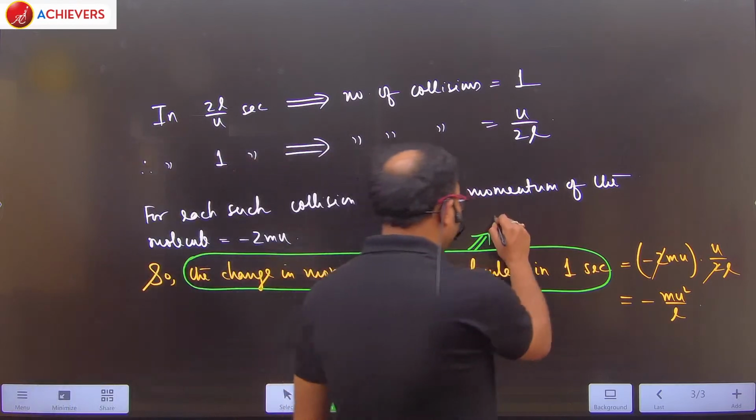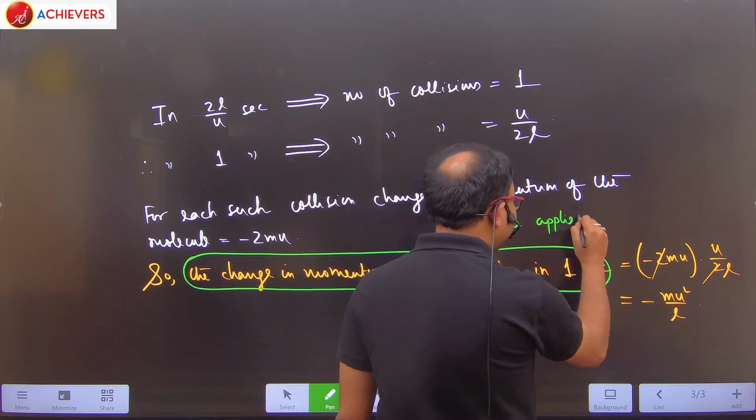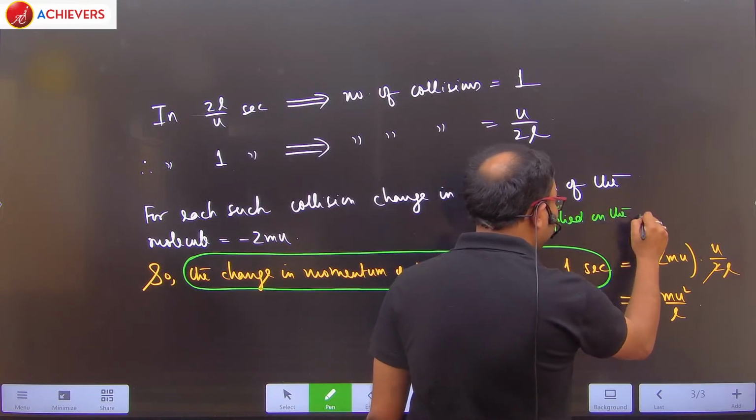So this is the force applied on the molecule.